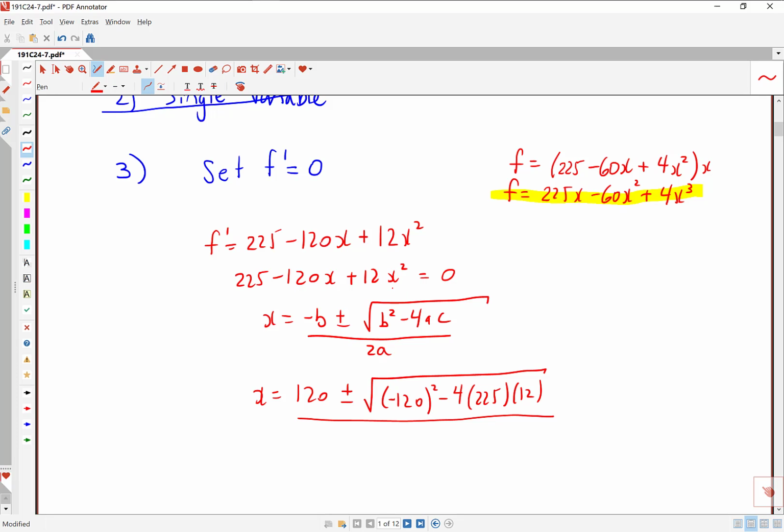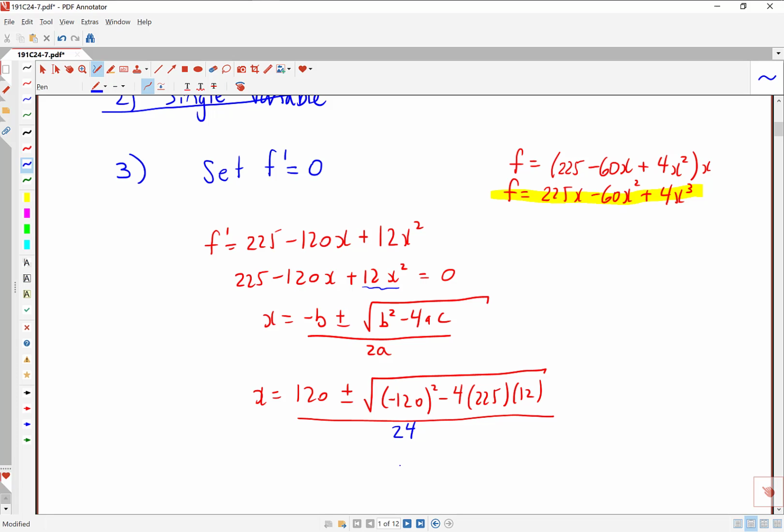So just a caution here with the quadratic formula, the a refers to whatever the x squared coefficient is. Normally that's written at the front, but because it's written at the back here, just because of the way f was written, we just need to be a little careful about that. So it's 24 that we are dividing by.